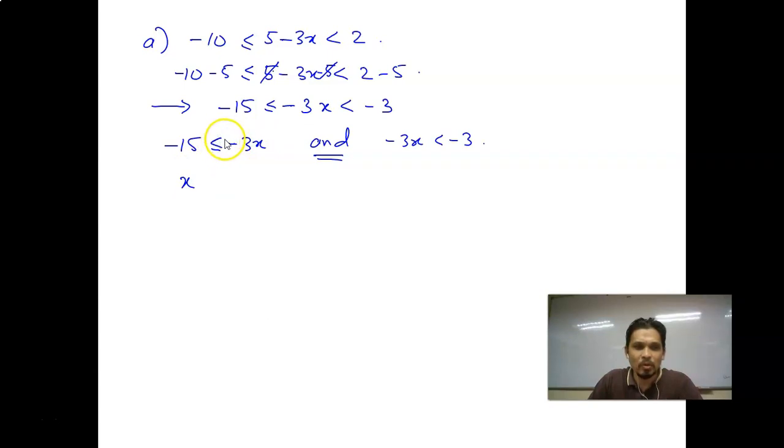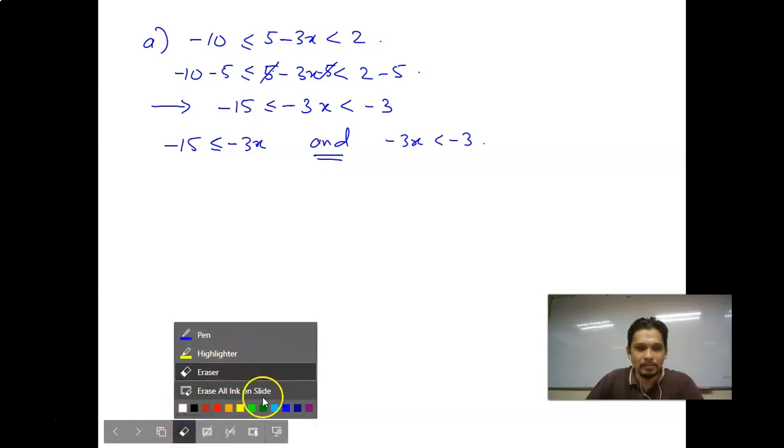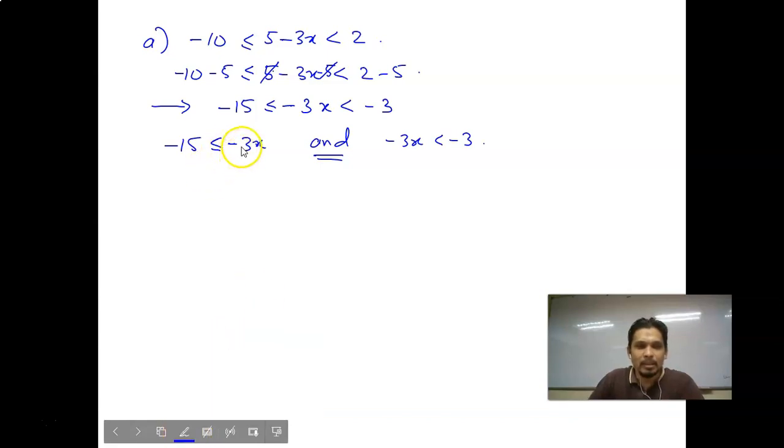When we divide by a negative, the sign changes, so greater than or equal to becomes less than or equal to.